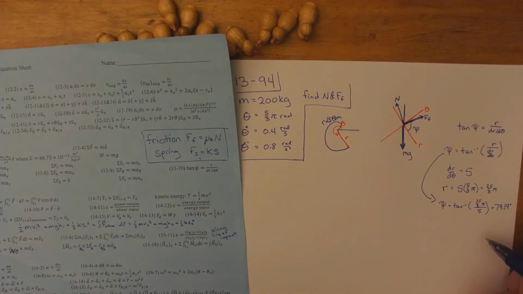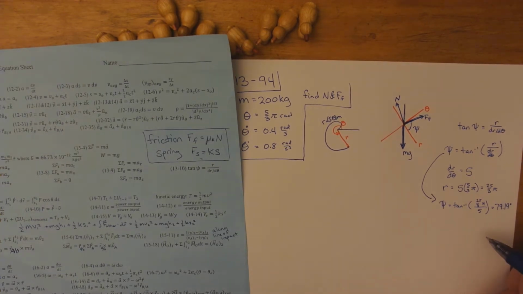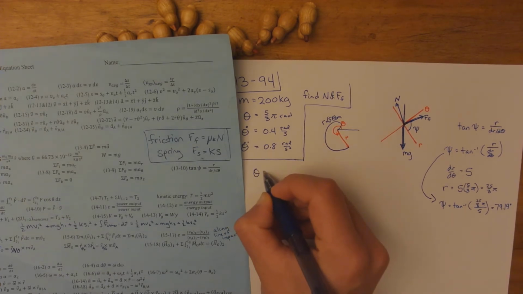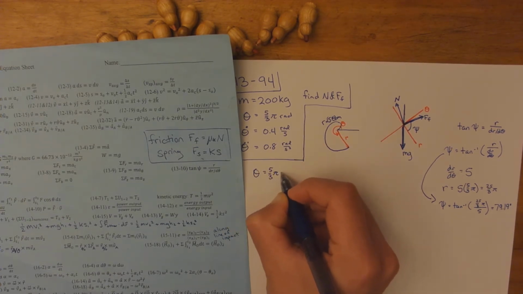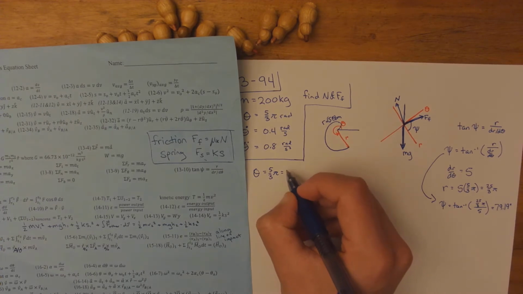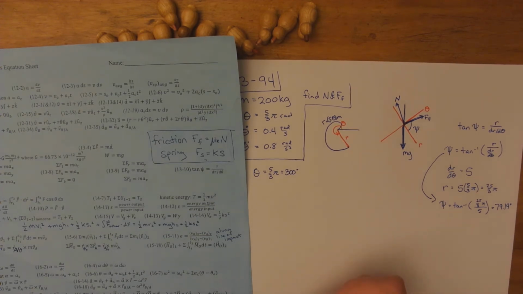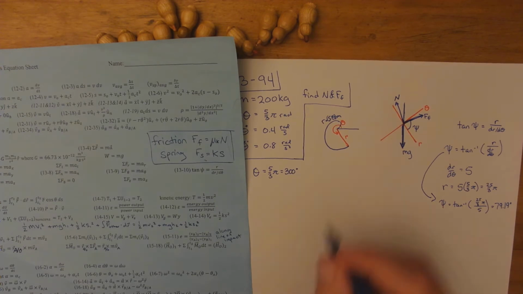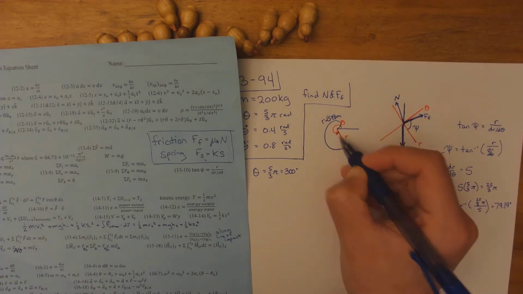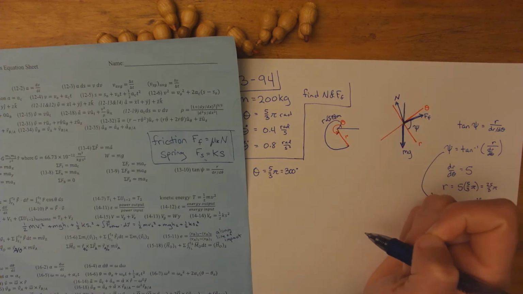So that looks good. So now that I know this angle, I can break my frictional force and my normal force down into components. I still have to break the force of gravity down into components, but this should be a little easier because theta, which is equal to 5/3 pi in radians, is 300 degrees, and that angle is from the horizontal to the radial line that I have there.